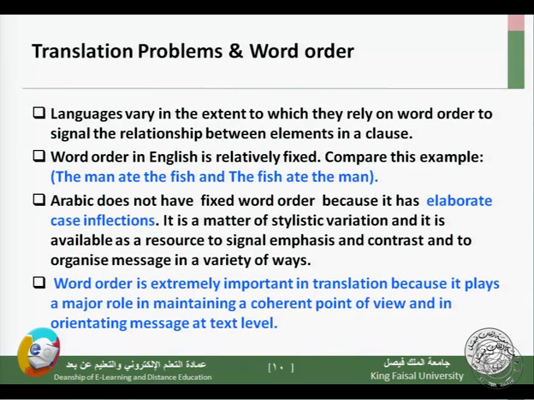So you will have a coherent point of view when you are reading a message because of the word order, and it orientates the message at the text level as well. In English it's fixed. In Arabic you can manipulate it because of the inflectional system we have. So I hope by now you have an idea about the linguistic problems, part 2, mainly grammatical problems in translation.